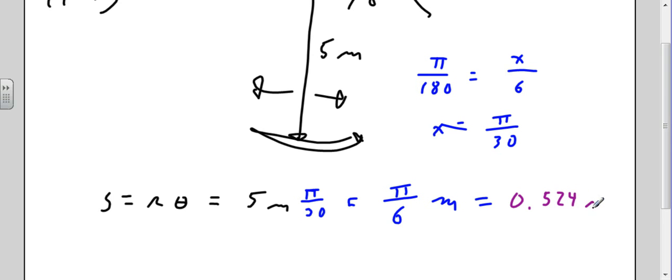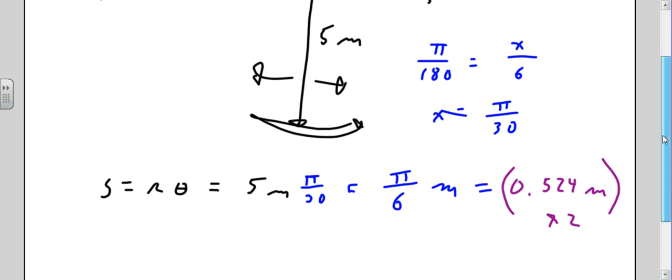0.524 meters, and then we almost fell into the trap, because we've got to multiply that times 2 because I want a complete swing. But you guys would have told me that, right?